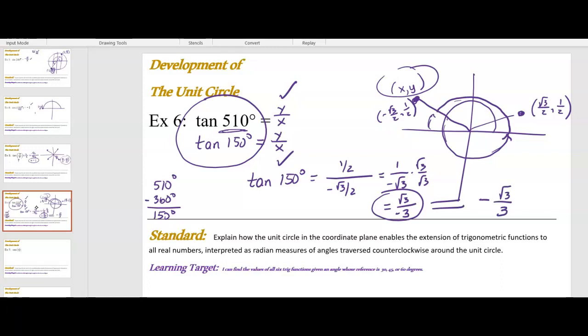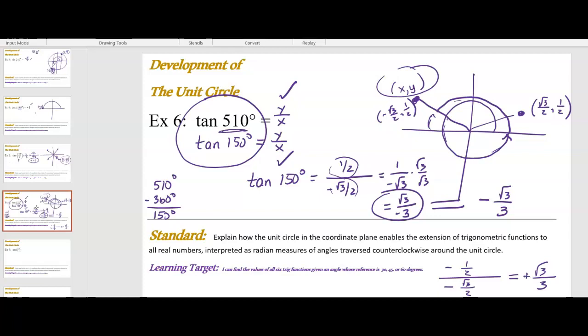But I do want you to know this. Every time you have a problem that is 1/2 over root 3 over 2, it will always equal root 3 over 3. And then, of course, if there's a negative on top, the answer is negative. Or if they're both negative, then the answer's still positive.